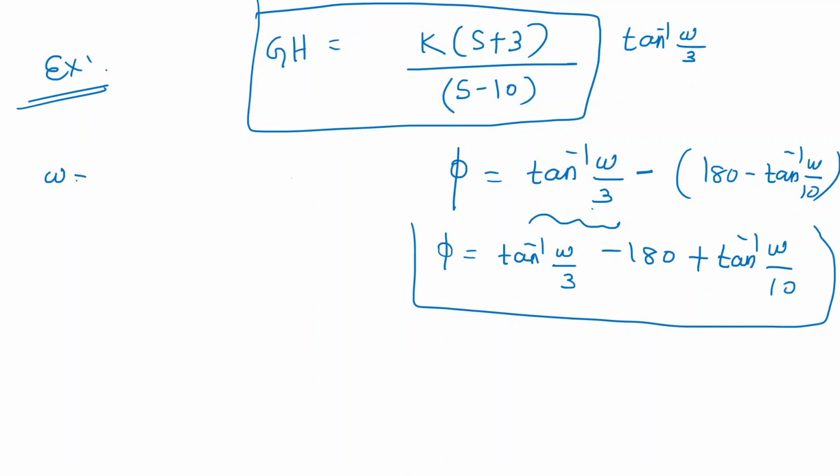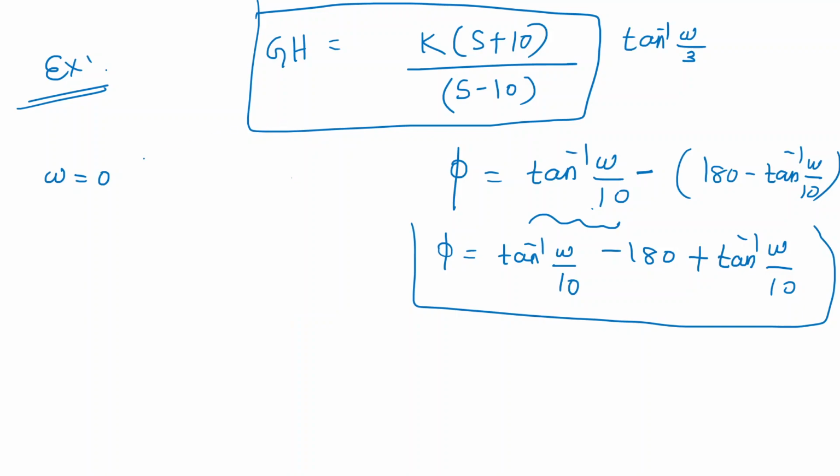Now tell me, at omega equal to 0, what is the magnitude? This is 3 by 10. Just for simplicity, take 3k by 10. You take the numerator as 10, because for simplicity we'll do the question. Let's take it 10.